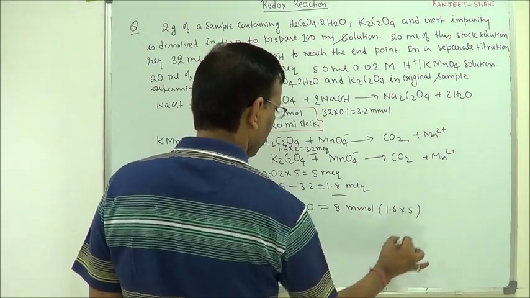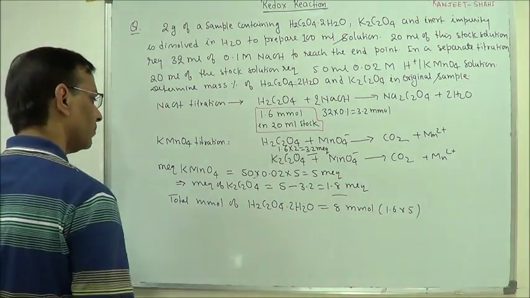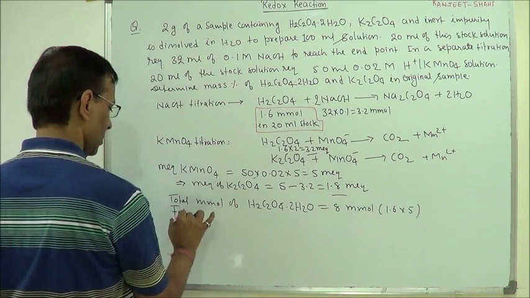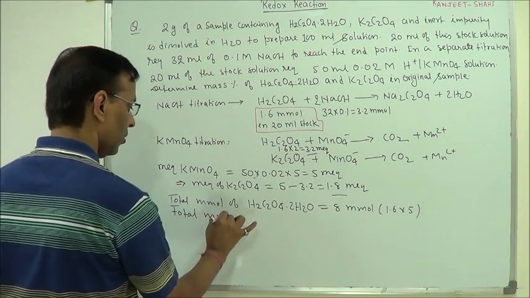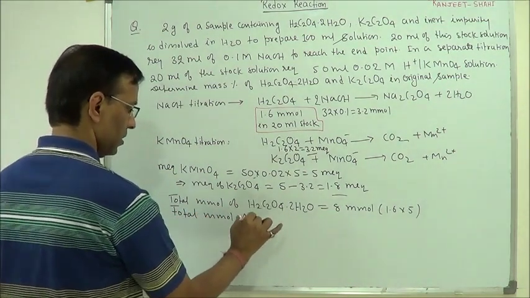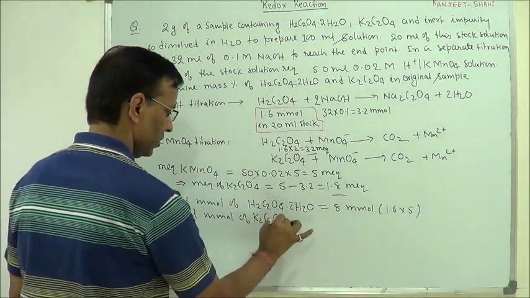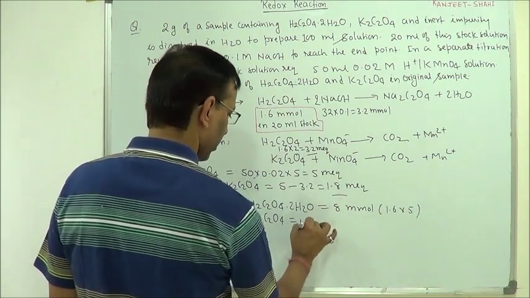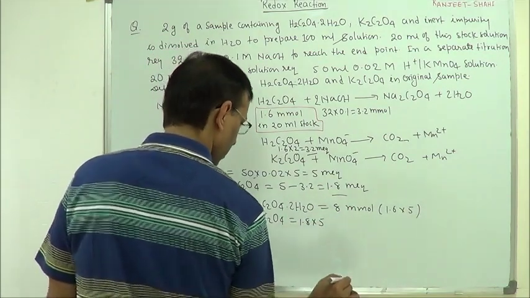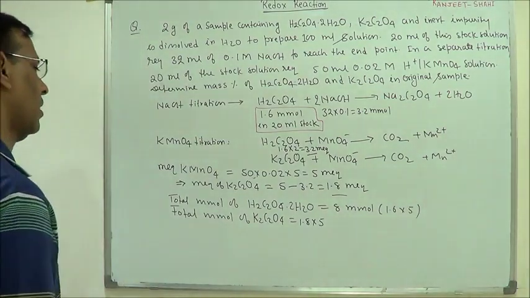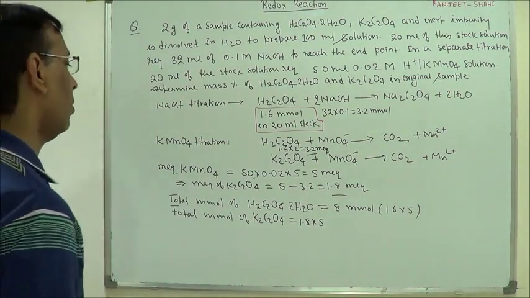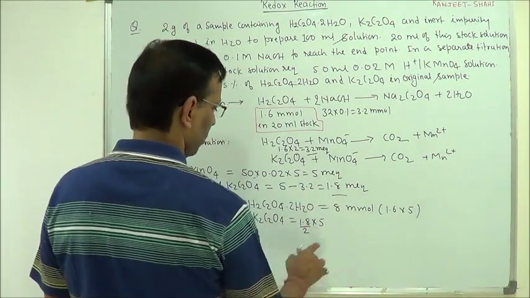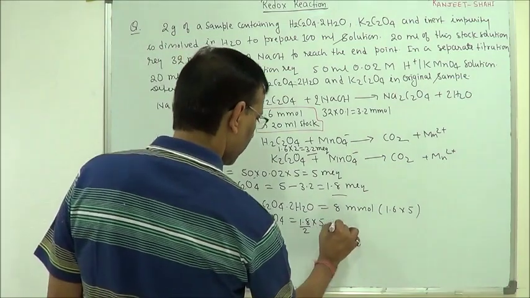And total millimole of K2C2O4 will be 1.8 into 5. No, 1.8 is the milliequivalent. So millimole will be 1.8 by 2 into 5. So 4.5.